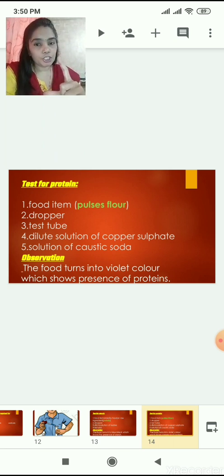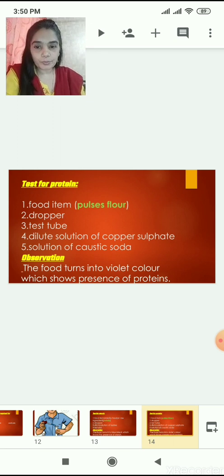So take the test tube, add some gram flour and put 10 drops of water and shake. So now what happens? What should we add now? Yes, now you have the dropper. Now, using a dropper, add only 2 drops of solution of copper sulfate.